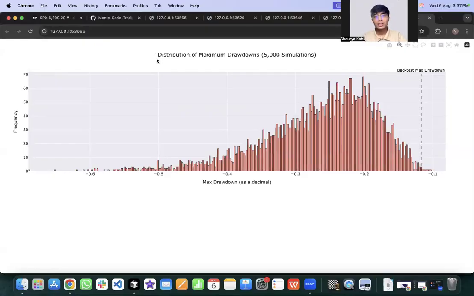And here it is, the maximum drawdowns that we could get. Now over here, it's something that saddens us, since the chances for the drawdown are a lot higher than we actually expected.